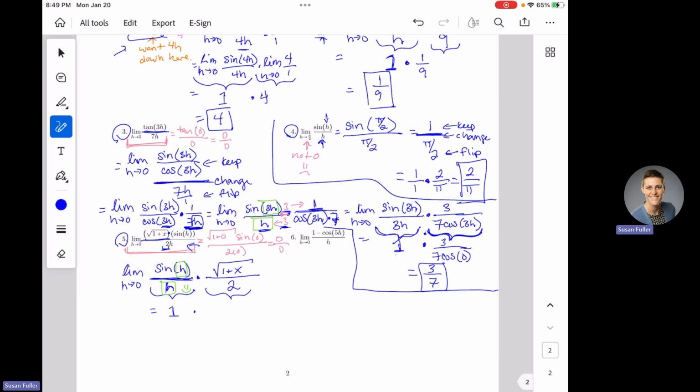Well, the limit as h goes to 0 of my extra stuff is the square root of 1 plus 0 all over 2. Oh, sorry. This should have been an h. I should have kept, these should all be h's. I'm sorry. I just noticed that. If you noticed that before and it was bugging you, I'm sorry. That was a typo. All of my variables should be the same here.